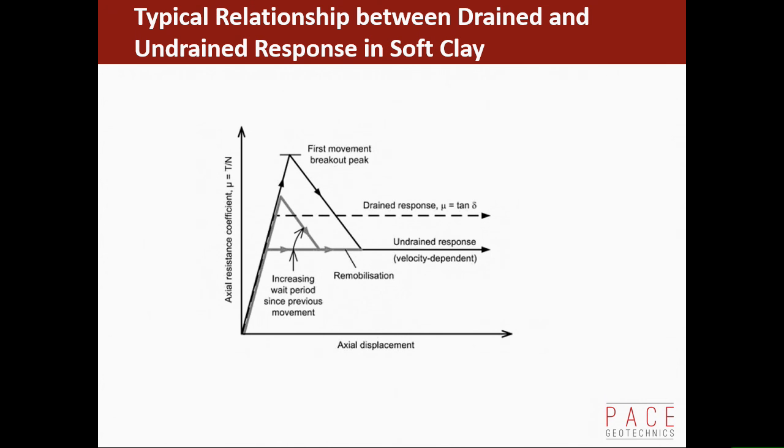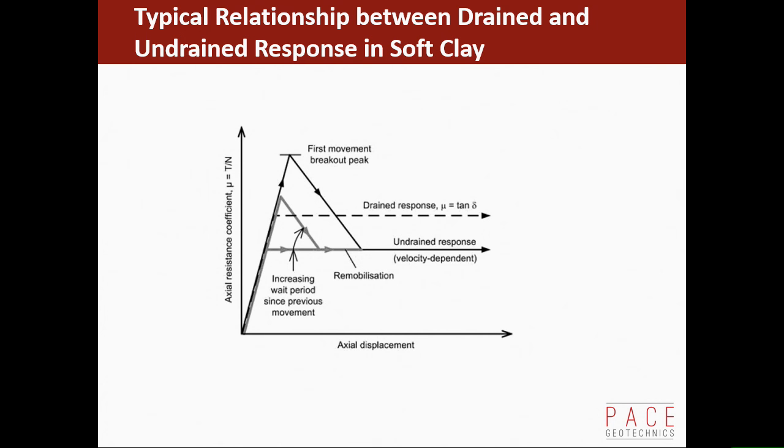Now, putting all that together, if you have a drained, an undrained response, when it first tries to move, it's probably been laid on the seabed a few months, maybe a month or two before it actually carries oil. So the initial disturbance from the lay process will have reduced, some of the strength in the clay will have recovered.